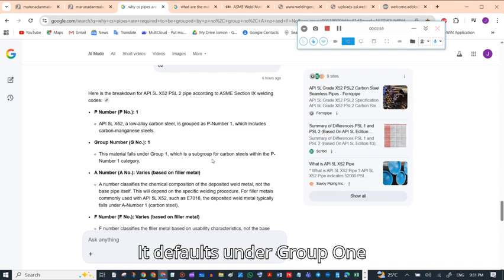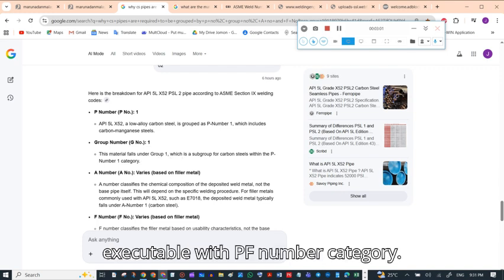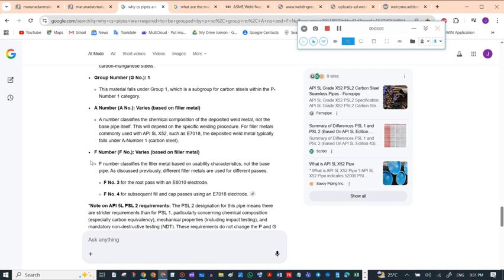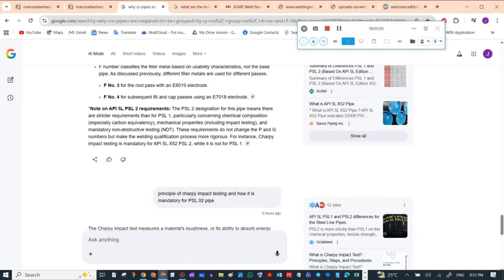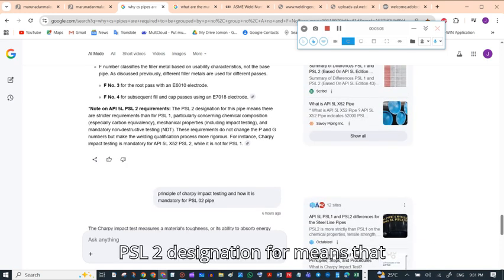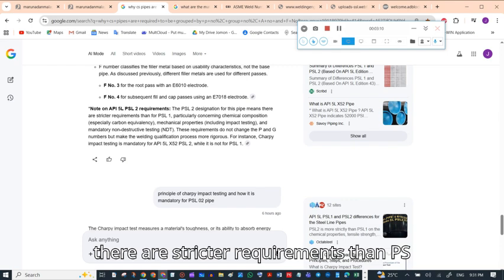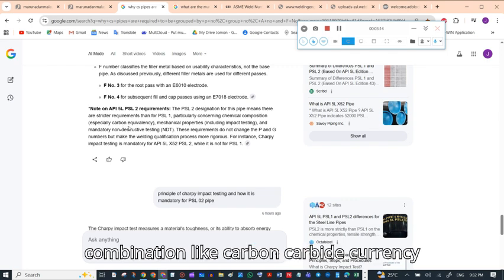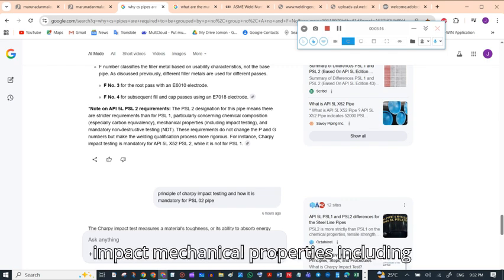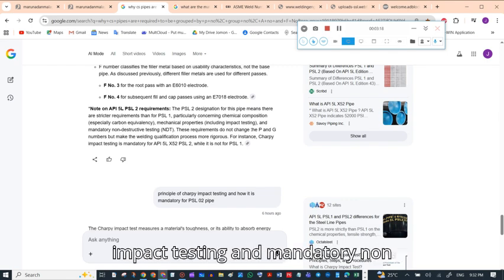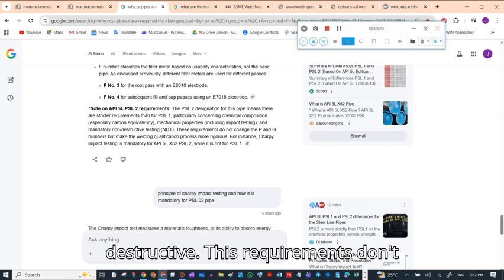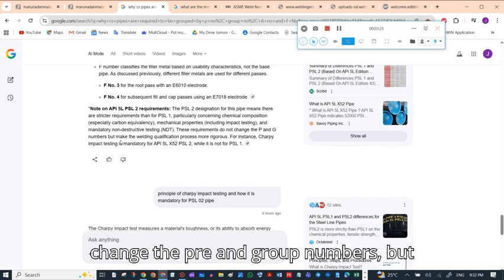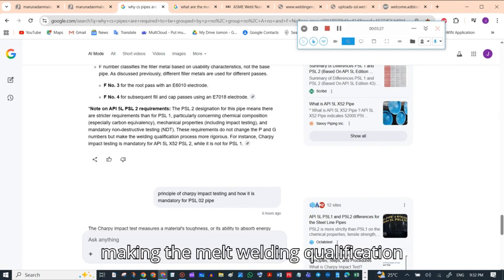It is carbon steel within the P number category. But the PSL2 designation means that there are stricter requirements than PSL1, particularly concerning the chemical composition, like carbon equivalent, and mechanical properties, including impact testing and mandatory non-destructive testing. These requirements do not change the P and group numbers, but make the welding qualification process more rigorous.